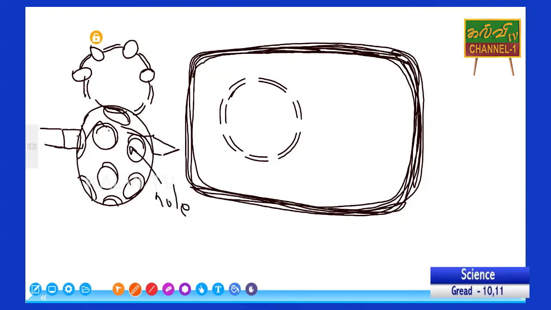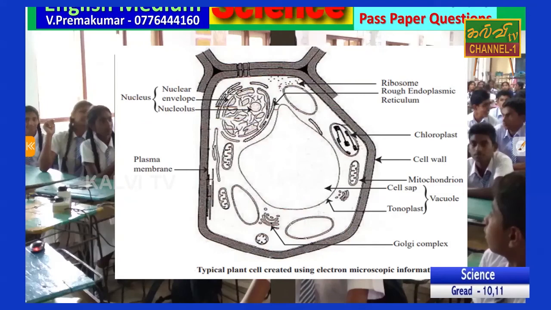Now see the nucleus. Nuclear envelope and nucleus. The nuclear envelope has small holes.